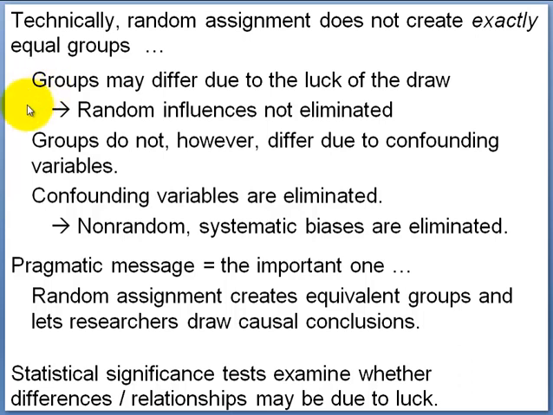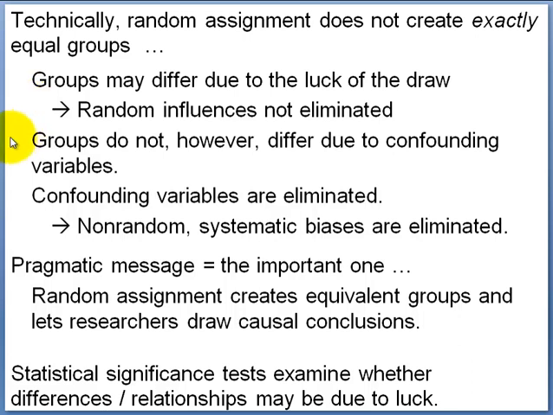So in other words, random influences are not eliminated. By chance, one group might have a bit more math ability, for instance, than another, just because by luck of the draw, those with better math ability tended more often to end up in one group rather than the other.